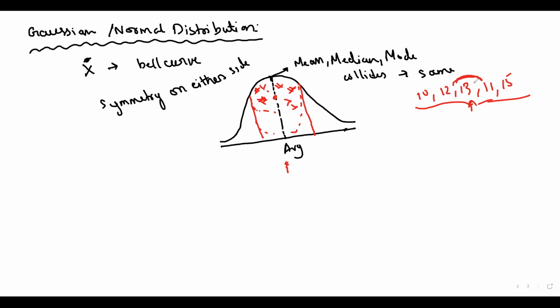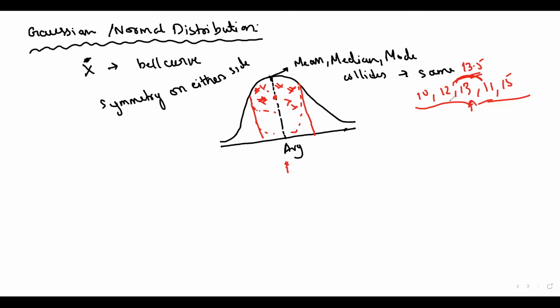So if someone asks me, what is the average salary, and I say somewhere around 13.5, then I know 13.5 is the average salary, meaning most of the people in the company are earning around this, right?